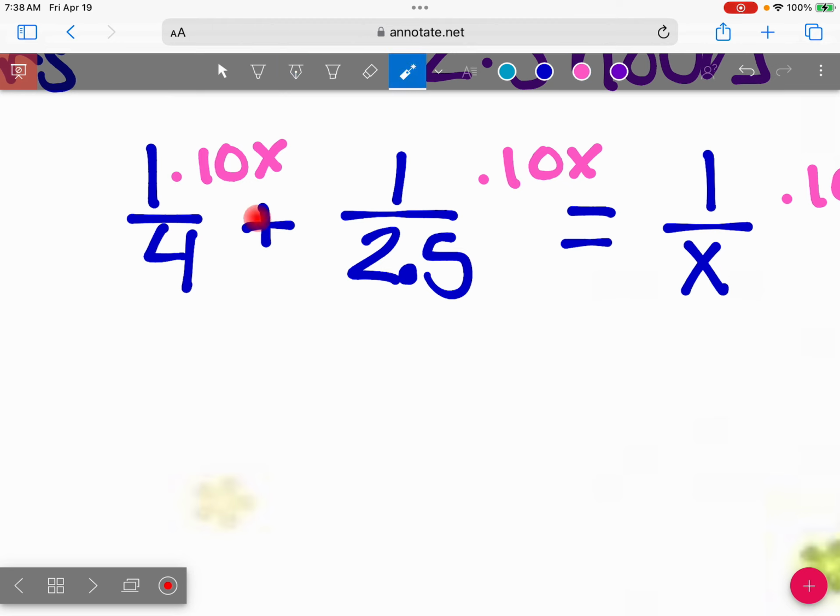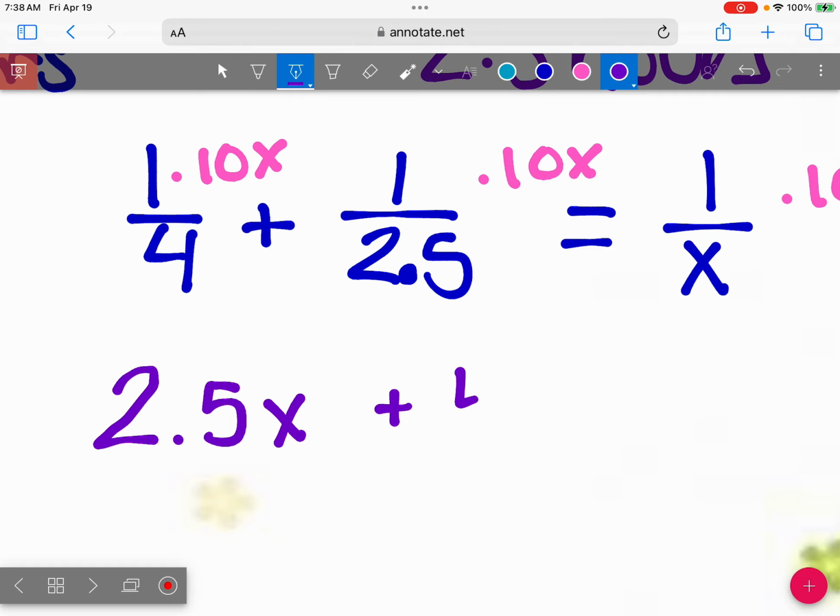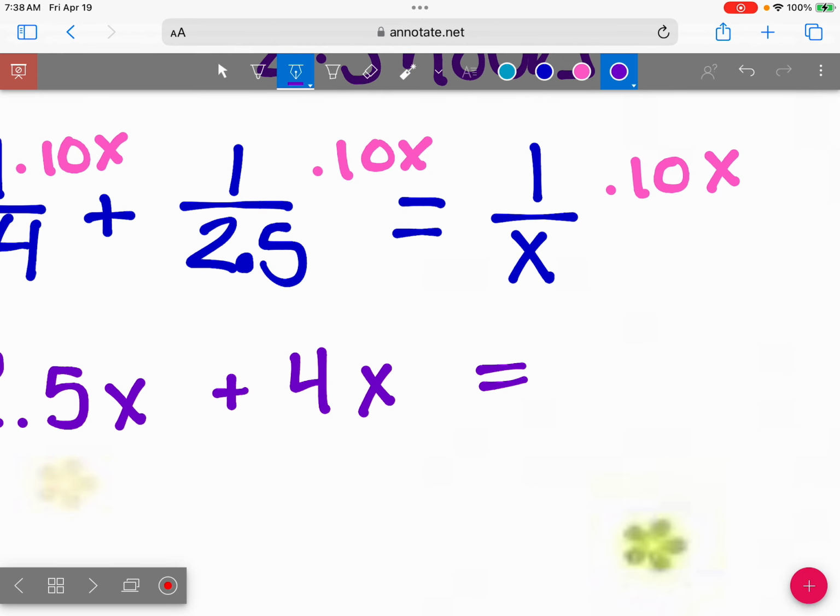If we just look at this piece, it's a little harder to spot, but 10 divided by 4 is going to be our 2.5. So this is going to give us 2.5x plus, I'm sorry, 10 divided by 2.5 is going to give us 4x, and that's going to equal 10.